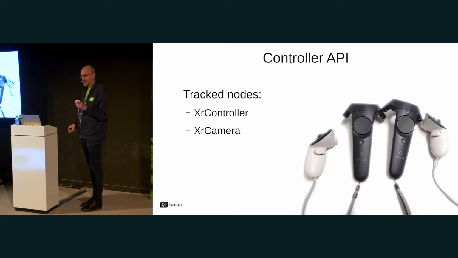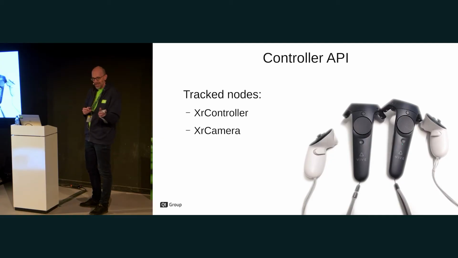which is a tracked node, that is to say, the system determines the position and orientation of it. You instantiate it, you don't set the position of it yourself, you just read out the position, or you can create children of it, which will then move relative to that position.